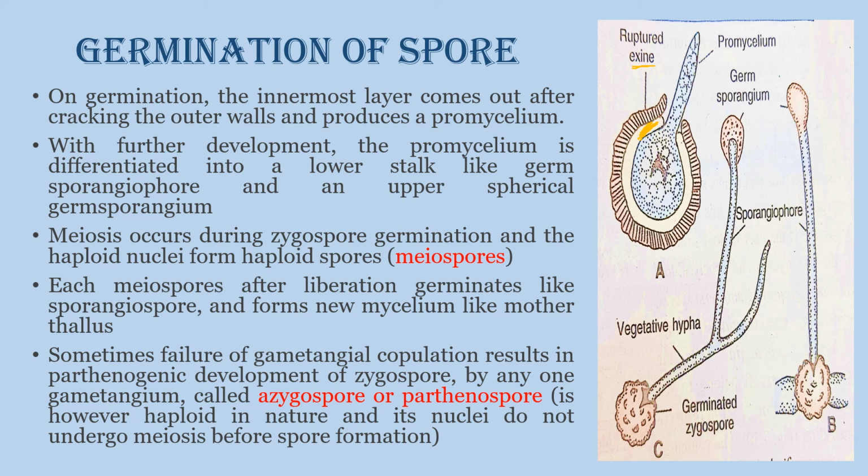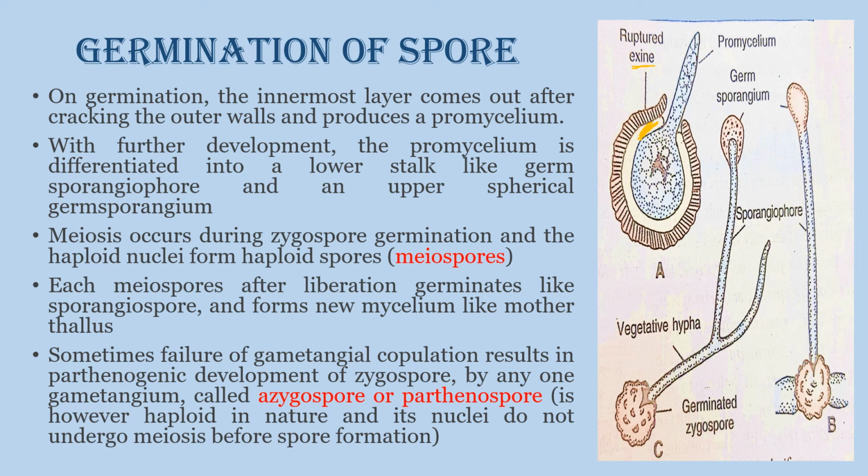These electron dense exine and electron transparent intine help in tiding over the period of drought. On return of favorable conditions, the zygospore absorbs water, swells up, and there is a rupture of the exine.